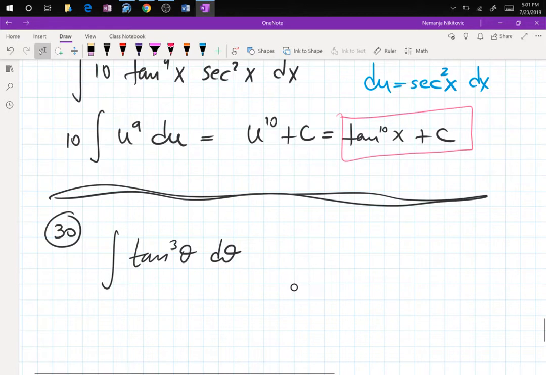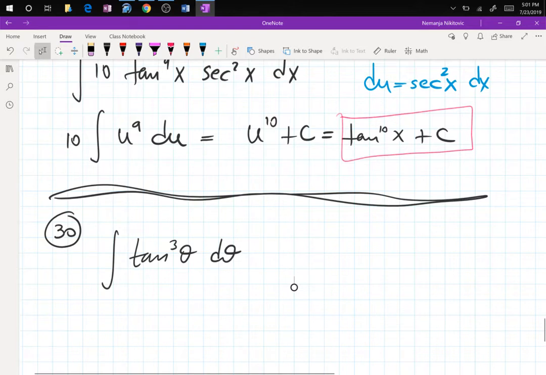What are your thoughts? Can we integrate tangent cubed directly?